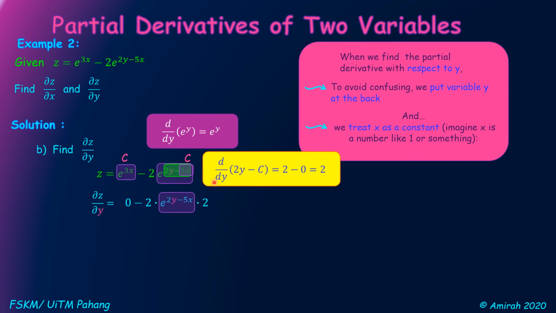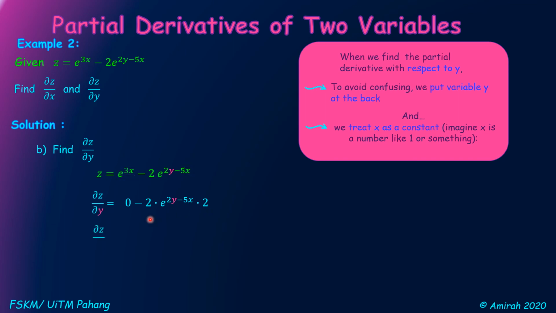So when we differentiate 2y minus a constant with respect to y, we differentiate one by one. We differentiate 2y with respect to y, which equals 2. And then minus the constant here, we differentiate the constant with respect to y, which equals 0. So 2 minus 0 equals 2. So we get this.